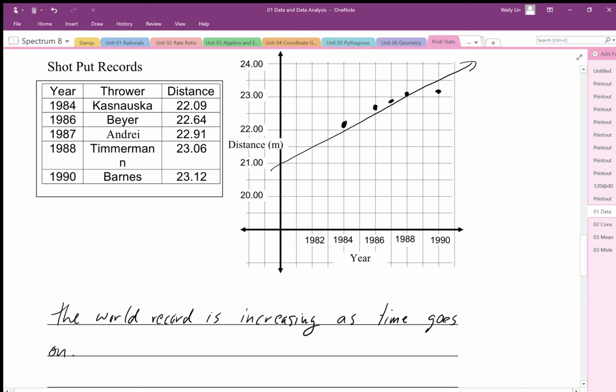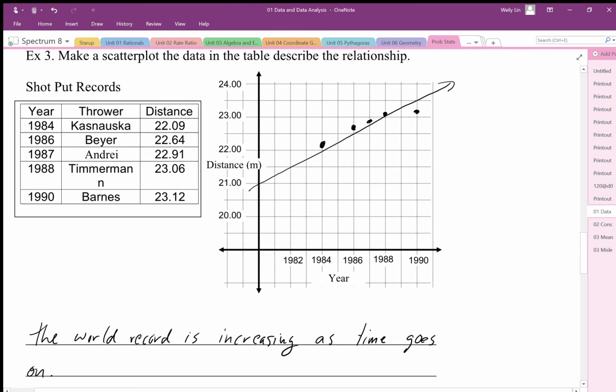We should expect this because of better science and better nutrition, but it seems to be dropping off a little bit here. In fact, this one here seems to be a little bit off. Based on the linear trend, you would think we should have a bigger, longer world record here.